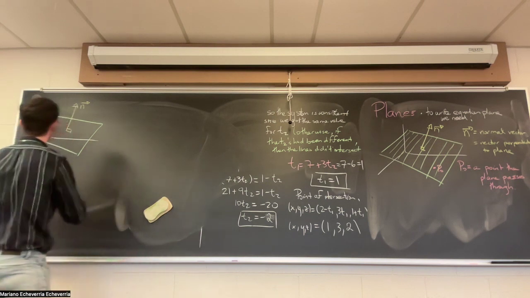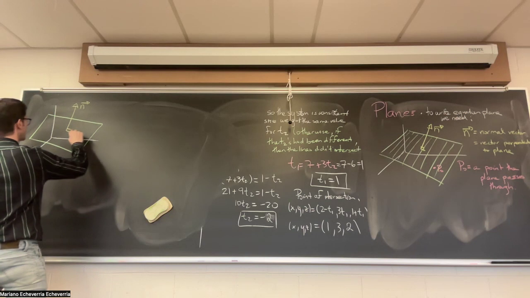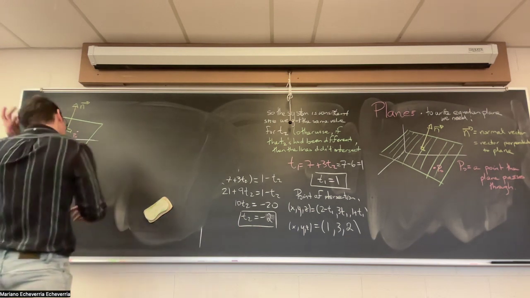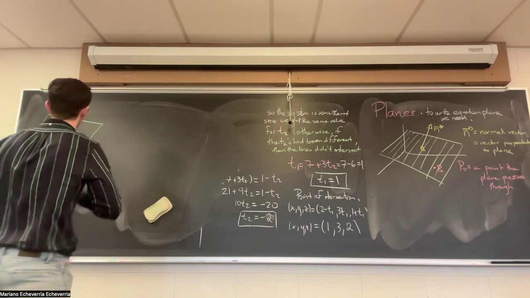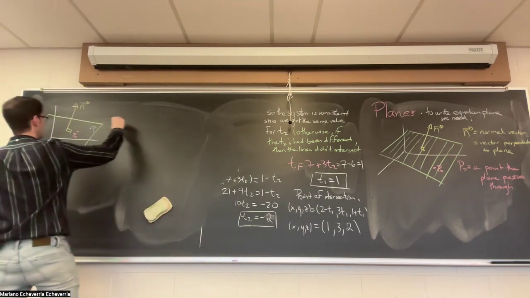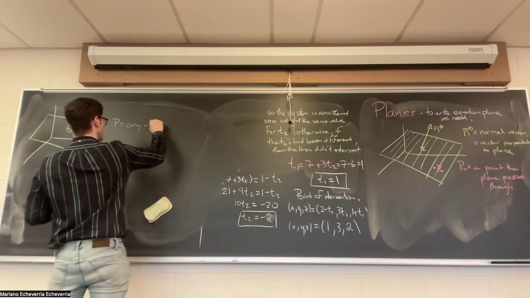Let's say you had the point P naught here, I'll move it around a little bit so it's more clear what's going to happen next. And then you have the point P. P is any other point on the plane.